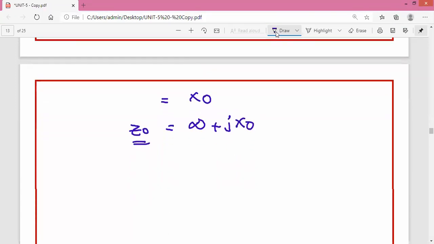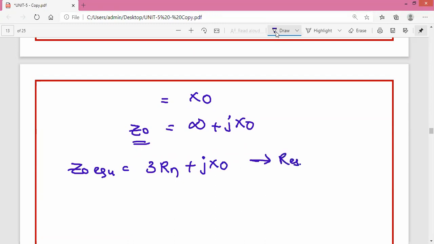The GATE examination also, it has been asked a number of times, so I will be writing here. Z naught equivalent can be written as 3Rn plus jX naught. This is for resistance grounding. Similarly, 3Xn plus jX naught.